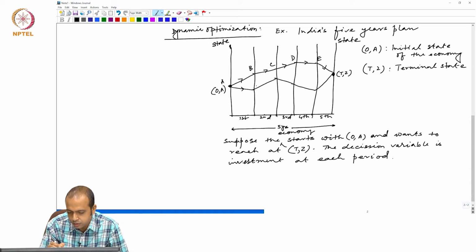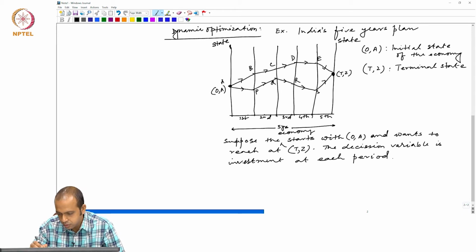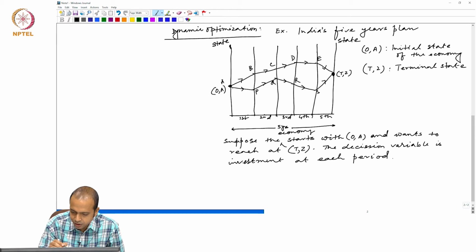This is another path, and let us say this path is named A, P, then Q, then R, then S, and then T.